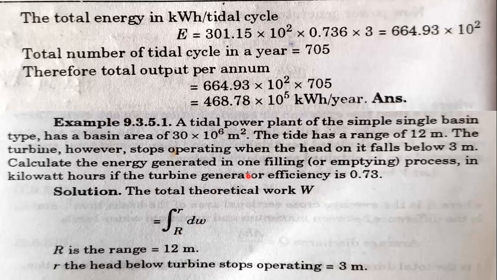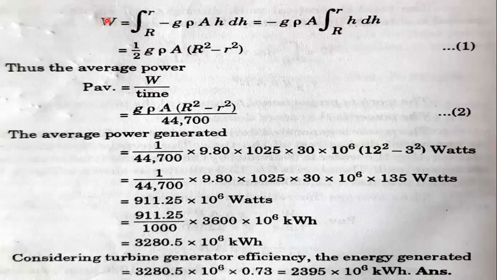So R is equal to maximum minimum range, minus work done, that is minus g rho A H dH. We can write this as minus g rho A. It is a constant term, so I am keeping that forward of the integration, and the remaining H dH I am integrating.